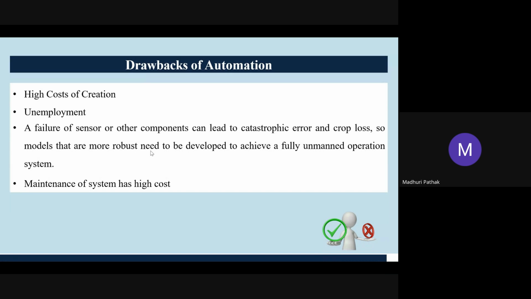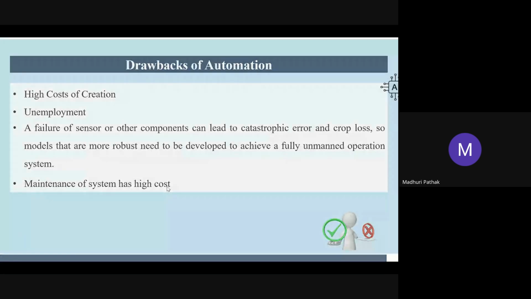As of now, we are totally dependent on human intervention only, and the maintenance of the system needs a high cost of operation. So these are some of the drawbacks of automation.